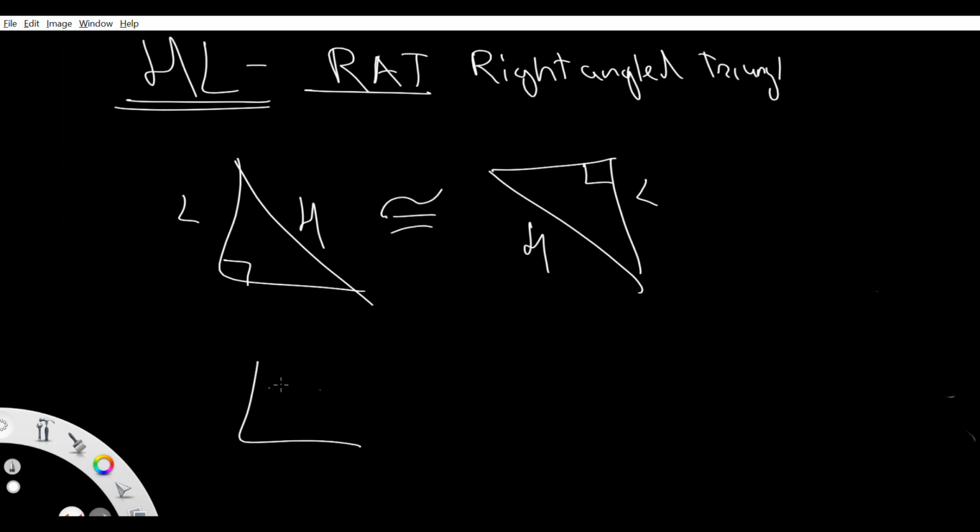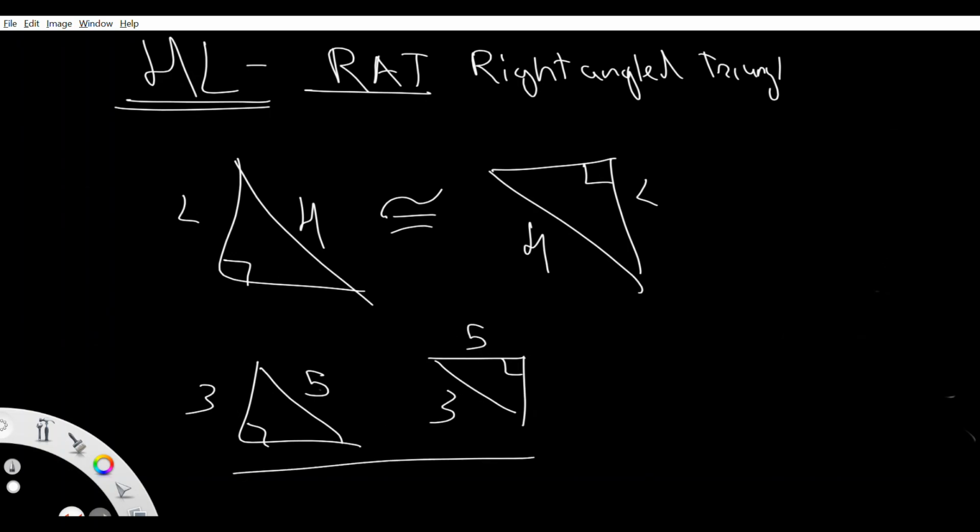So if you have a right angle triangle with hypotenuse 5 and other side 3, and we have another triangle with hypotenuse 3 and side length 5, are they congruent? No, they are not, because in this case the hypotenuse is different.